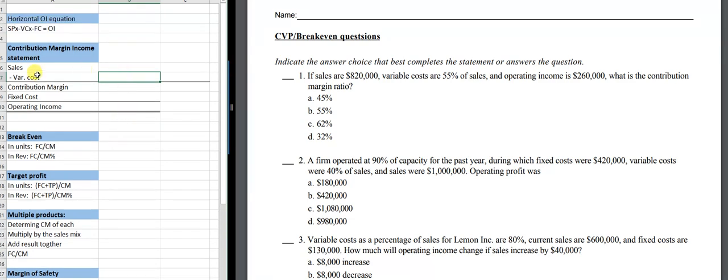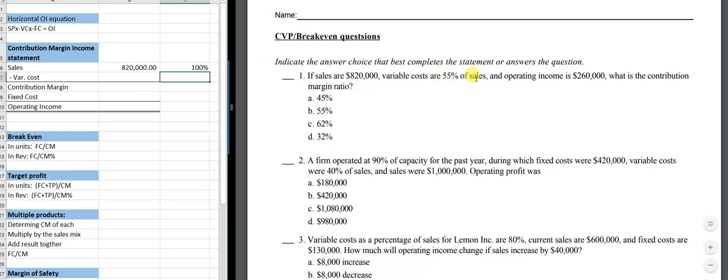But I'm going to use this vertical income statement one. I know sales are $820,000, and I know that sales are always 100%. Everything is always stated as a percent of sales.